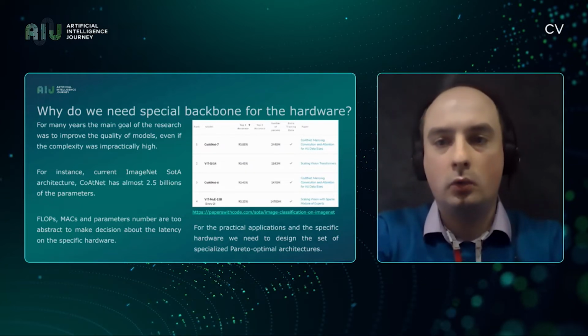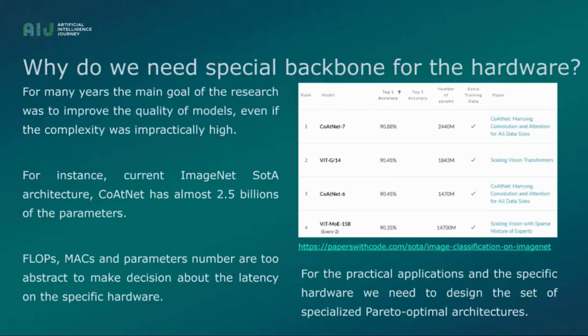Why do we need a special backbone for hardware? So you see a screenshot with the current leaders, the leaderboard of ImageNet, the dataset used for preliminary training of backbones.